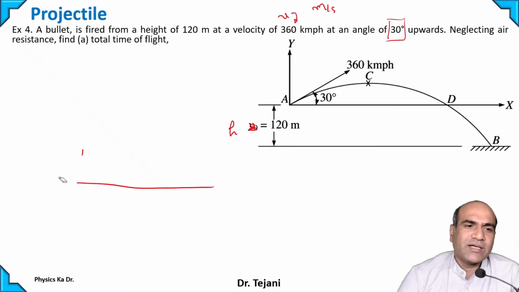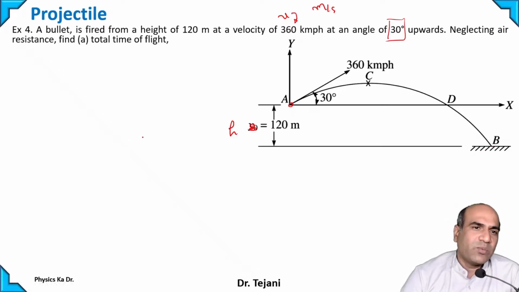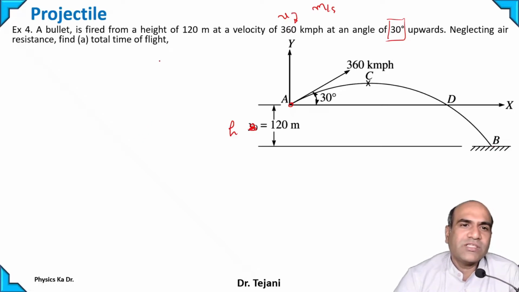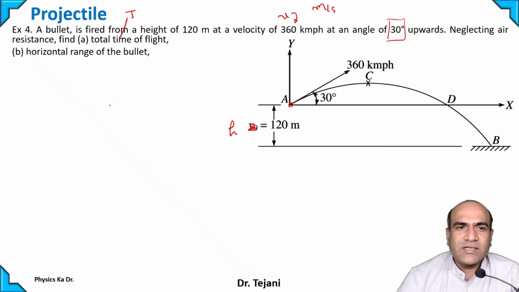So see, the soldier is here, firing a bullet at 360 kilometer per hour at some angle 30, and the bullet is traveling like that, and it touches the ground at point B. During this, we need the total time of flight, then the horizontal range of the bullet.